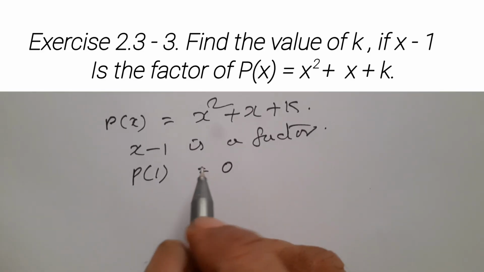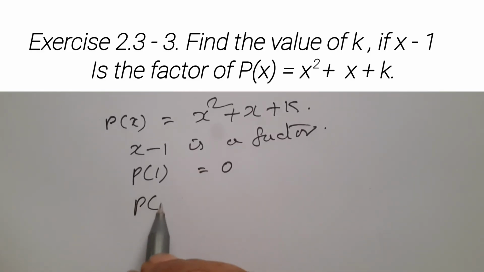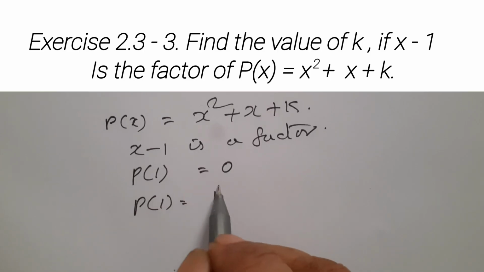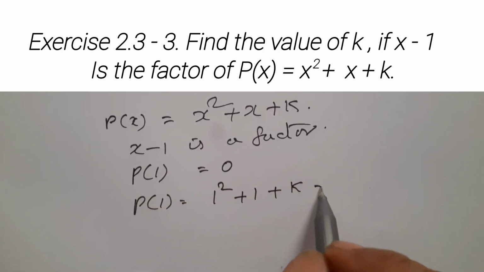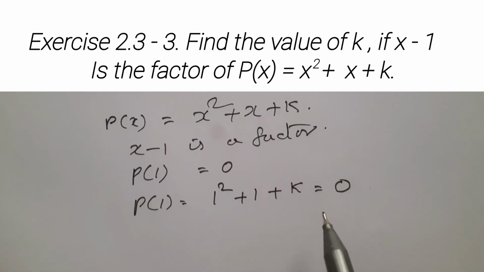So p(1) equal to 1 square plus 1 plus k, this is equal to 0. We know 1 square means 1, 1 plus 1, 2. So 2 plus k equal to 0. Then k equal to minus 2. So the value of k is minus 2.